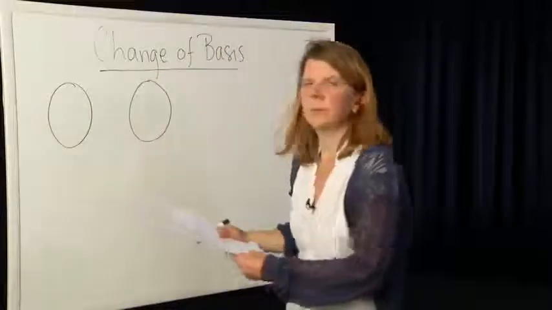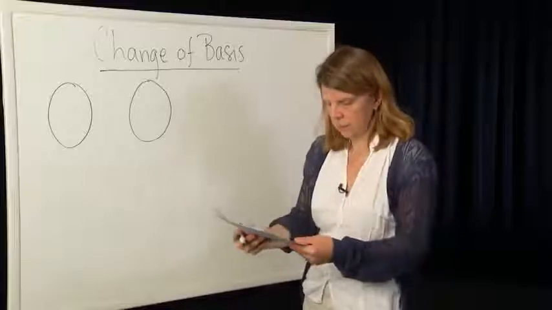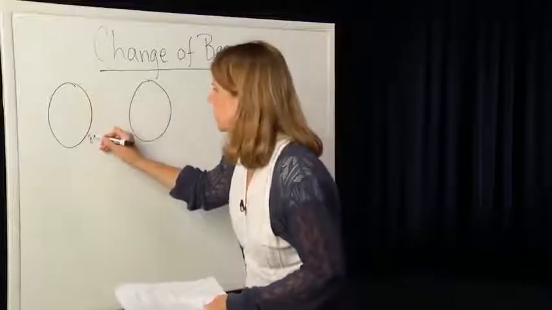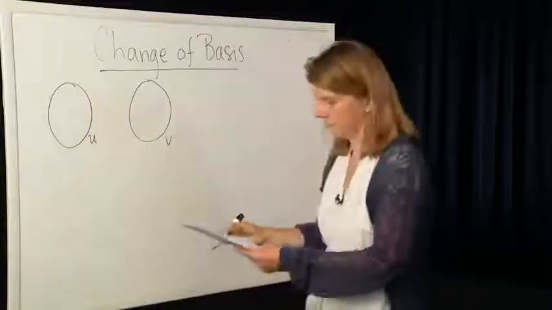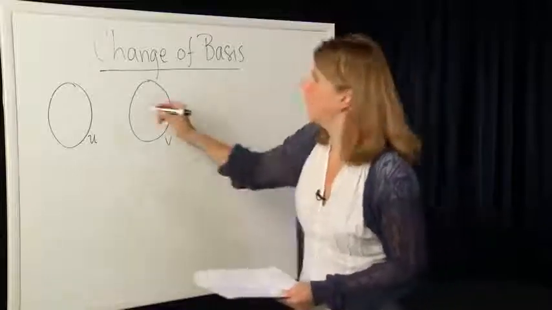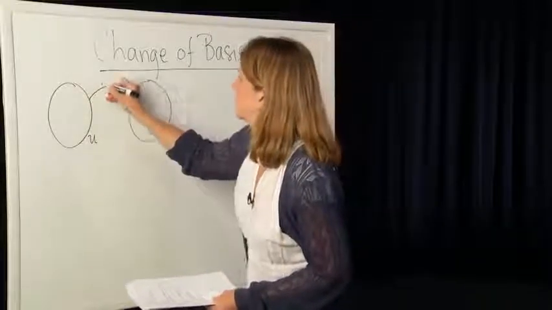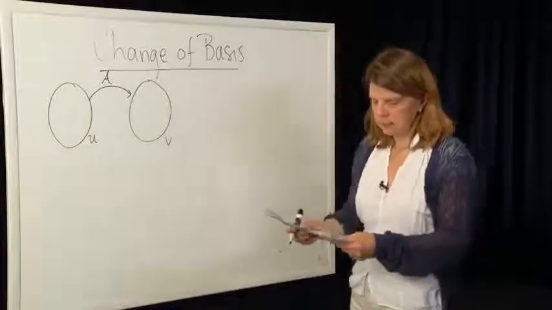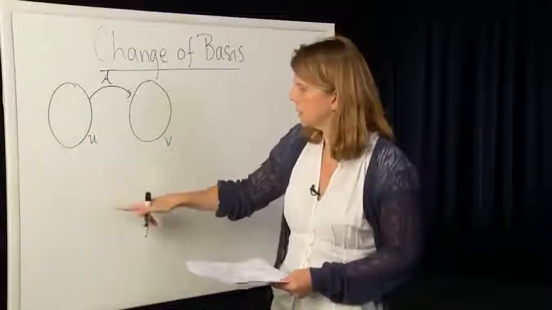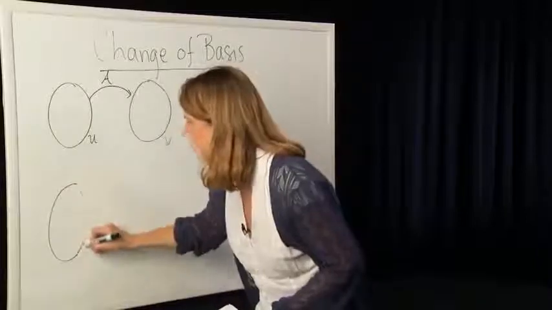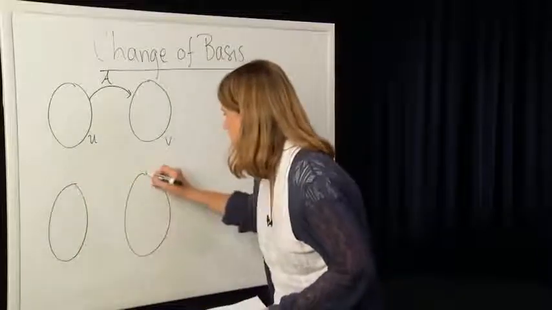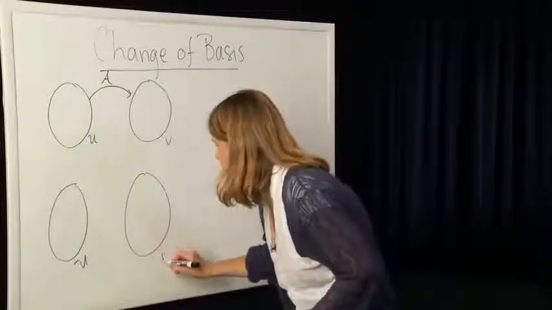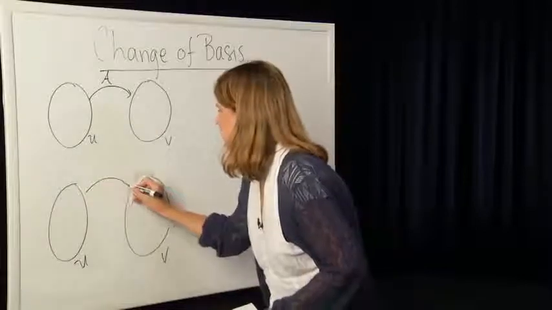So we'll use the same notation that we always have, that we have our space U and our space V, and a linear map A, which takes the domain to the codomain. And I'm going to now look at another copy of U and V. Okay, so I've got U and V, and I've still got my linear map A here.